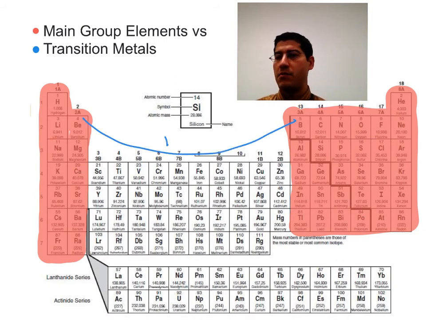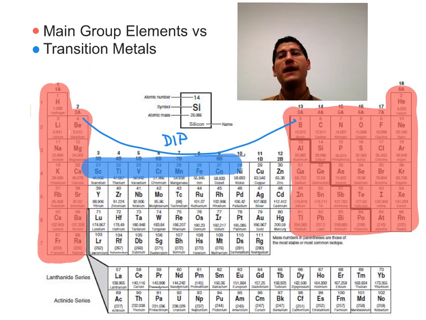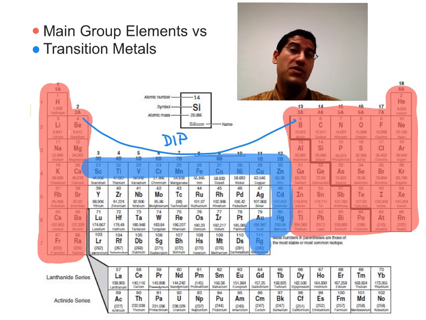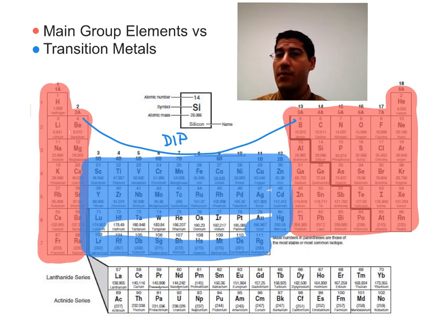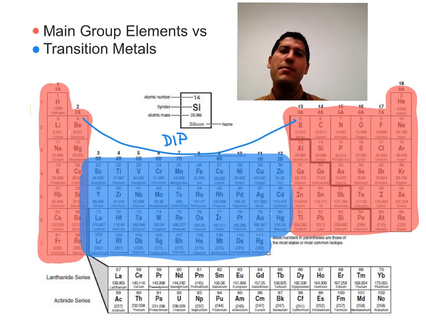I'll outline them in blue. The rules that we're about to learn don't apply to transition metals. So if you find me reminding you to skip the dip, this is what I'm talking about. Skip the group numbers that have a B. The group numbers that have an A, that's our focus.